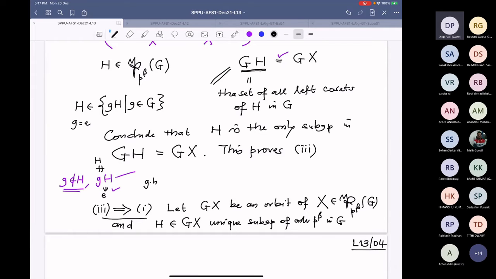I am not saying H is the unique subgroup of order P power beta in G, but the unique subgroup which is contained in that orbit. And to prove, write down what you want to prove: Vp of the cardinality of this orbit is less than or equal to gamma.